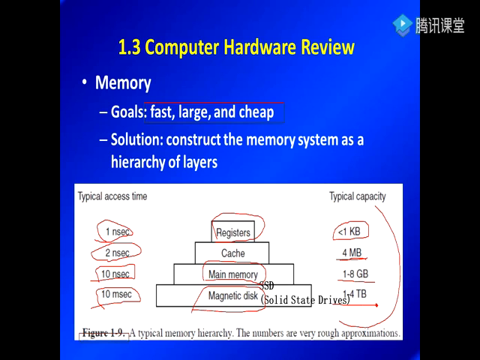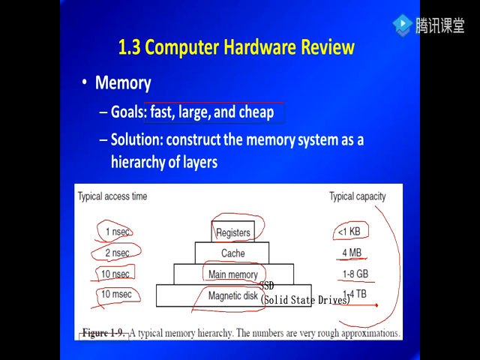The magnetic disks are popular on personal computers or servers, but usually for laptop notebooks we just use SSD, and it's not as expensive as before. Also, it can provide up to maybe one terabyte. I'm not sure, because my notebook has only 256.